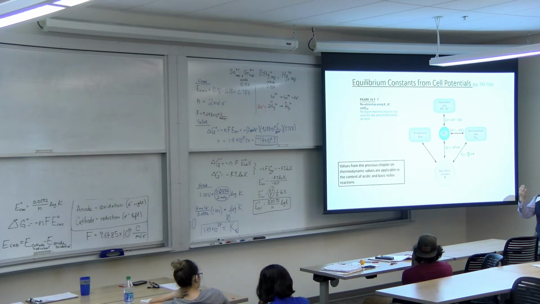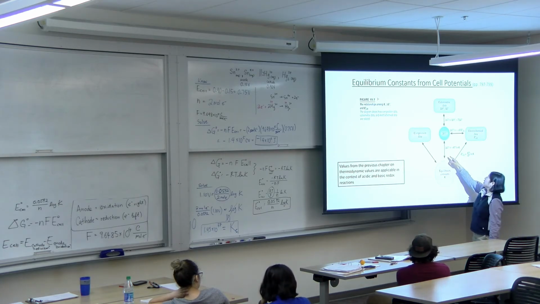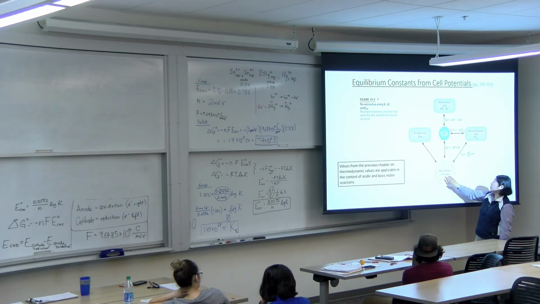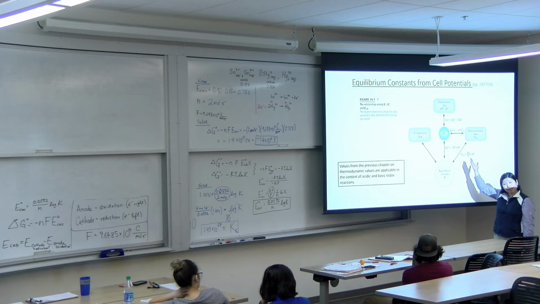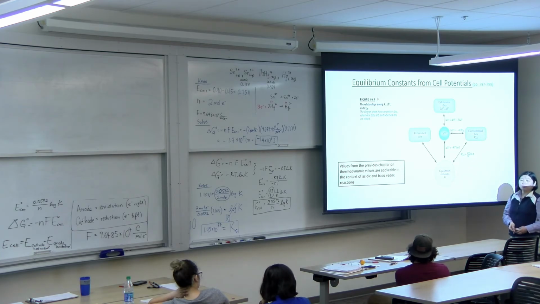It was just products over reactants, right? Then we folded in the idea of delta G, and we said delta G can be calculated by saying minus RT ln of K. So if you have the equilibrium constant, you can calculate delta G, the Gibbs free energy, to tell you if something is spontaneous or not spontaneous.